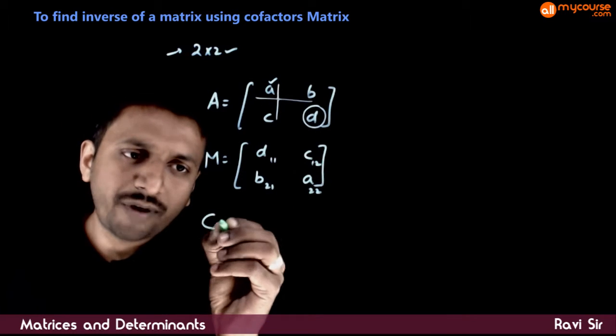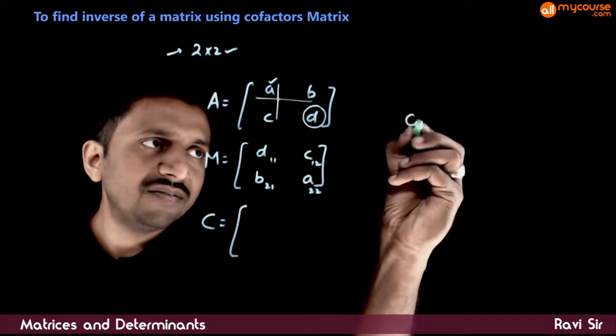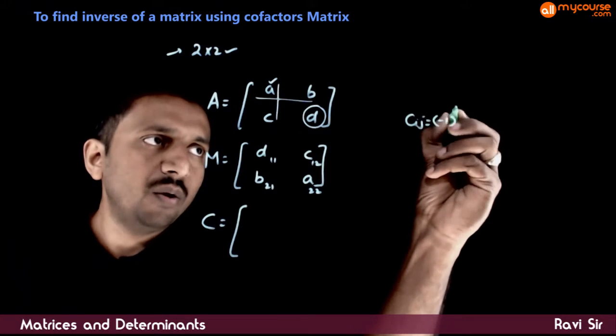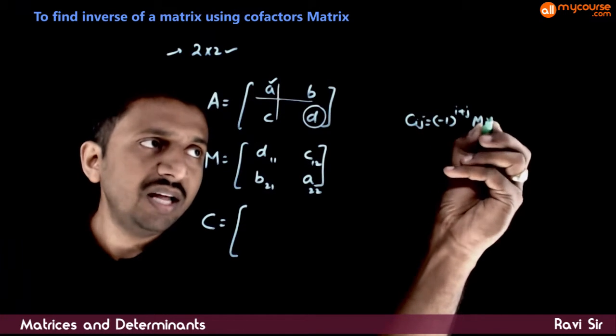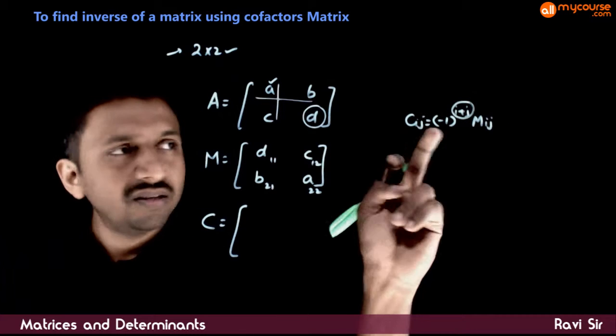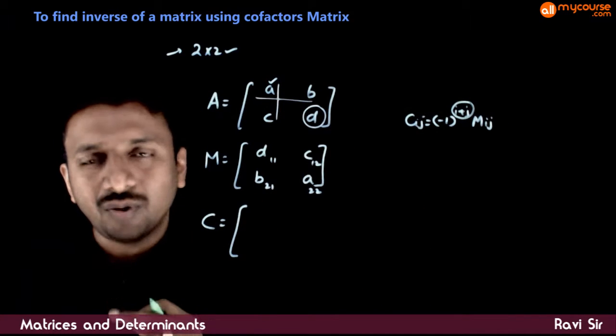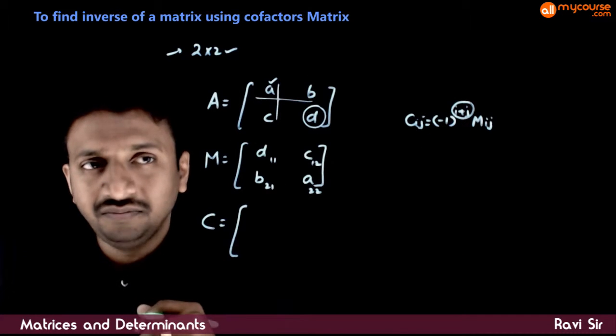So what is the cofactors matrix? Cofactor by definition is minus 1 whole power i plus j times the corresponding minor. So if i plus j is even, minor is equal to cofactor. If i plus j is odd, you have to change the sign.